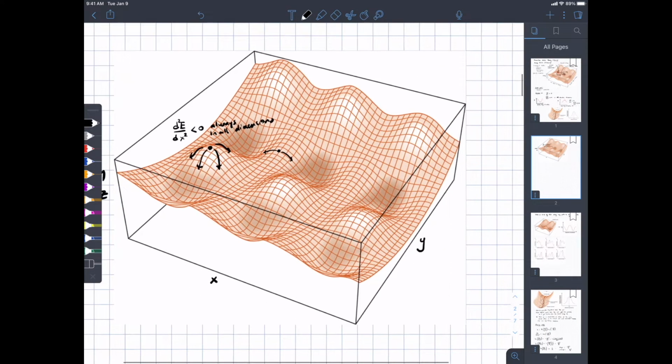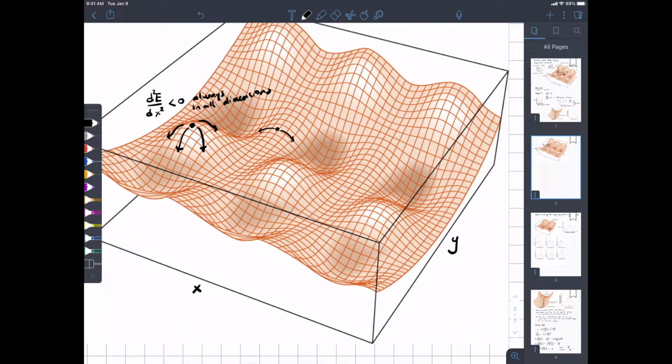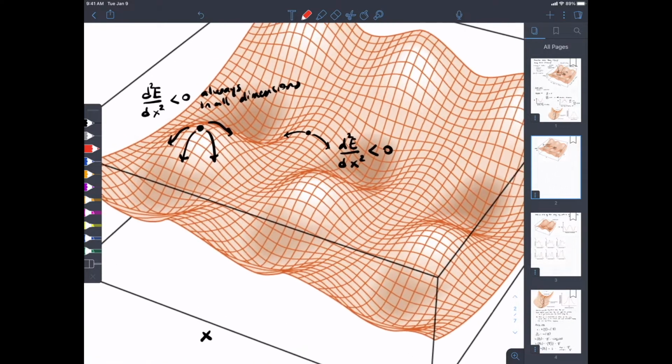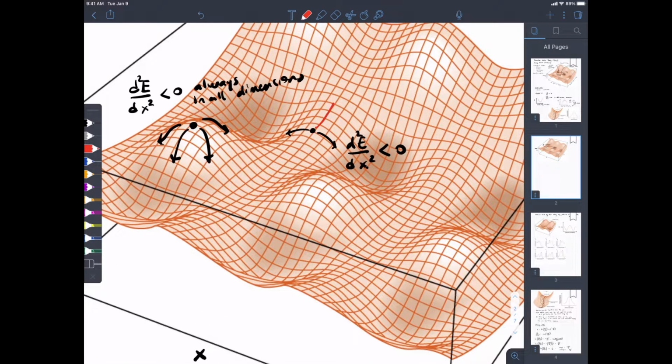At the saddle point, one of the things I notice is that the second derivative of energy with respect to x is less than 0. But how about in the y direction? If I move in the y direction, I'm going up in energy, right?